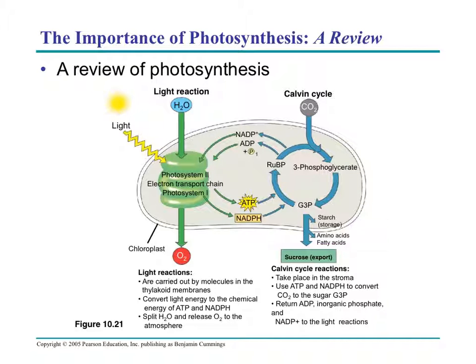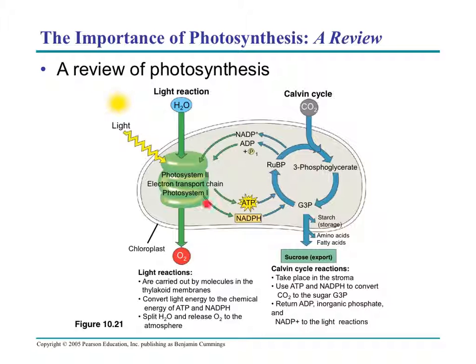We then are able to, in the process of passing that electron along and exciting it a second time with another photon of light, create an electron carrier, NADPH, and also to create an ATP.